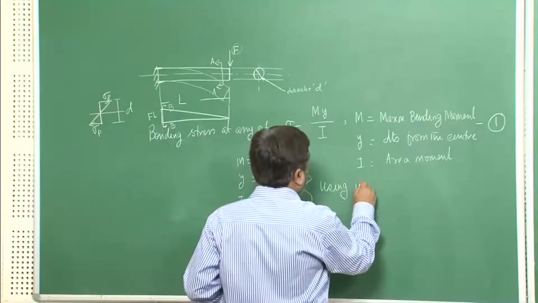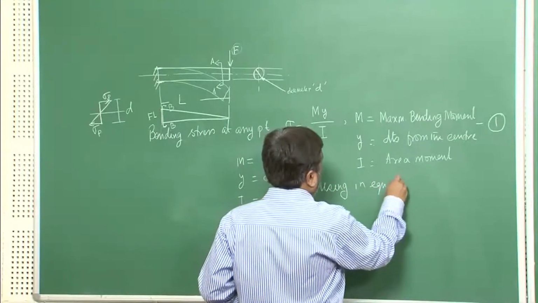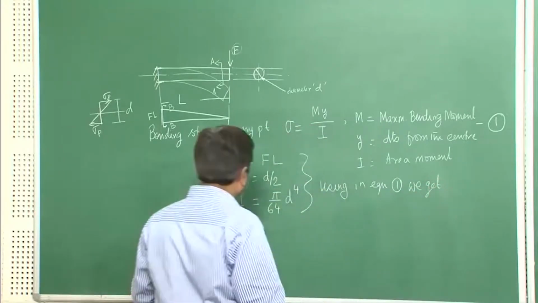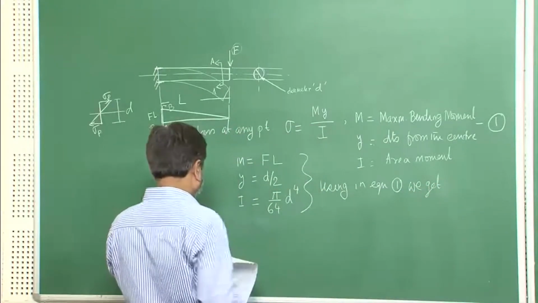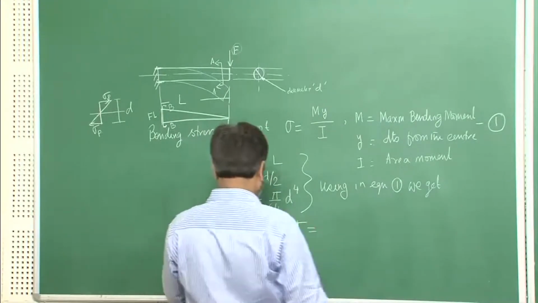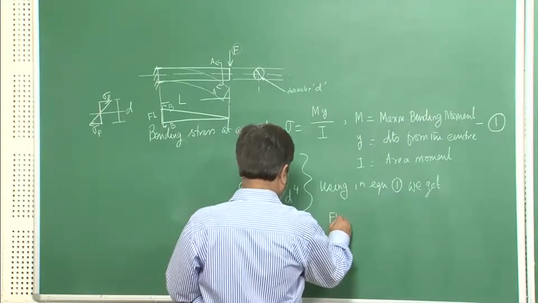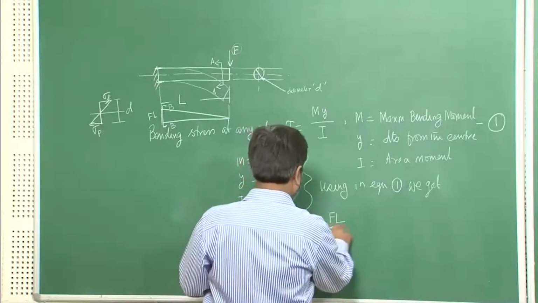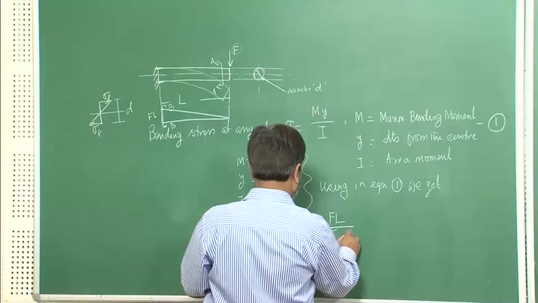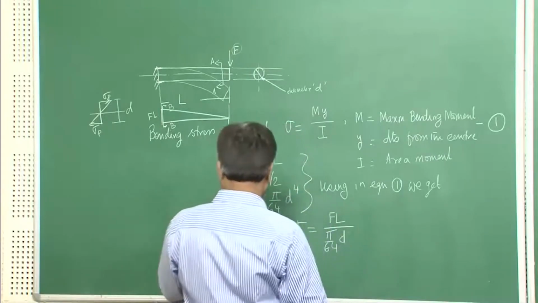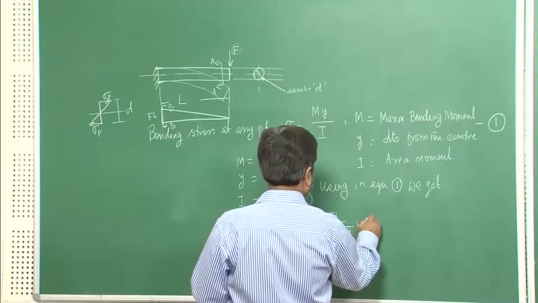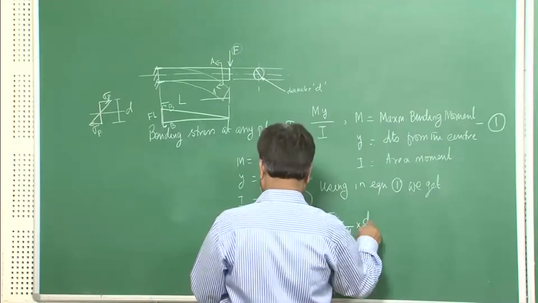we get the new relationship as a function of d, that sigma equals FL over pi by 64 d to the power 4, times d by 2.